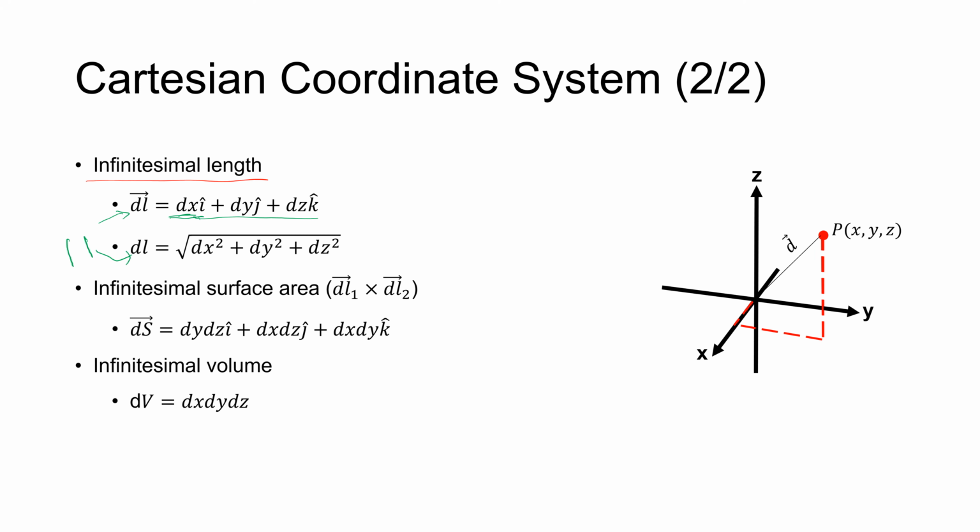Now for the infinitesimal area, if we want to calculate delta S in the i direction, we simply make the cross product of delta y in j direction and delta z in k direction. So this will be my delta L1 and delta L2. And we know that if you do a cross product, you will simply get the perpendicular vector, and we know that j cross k equals i.